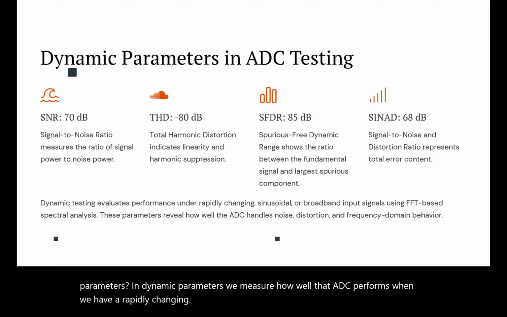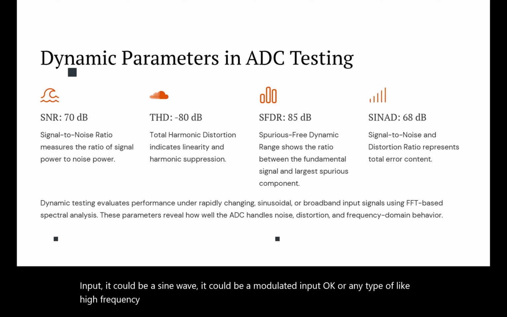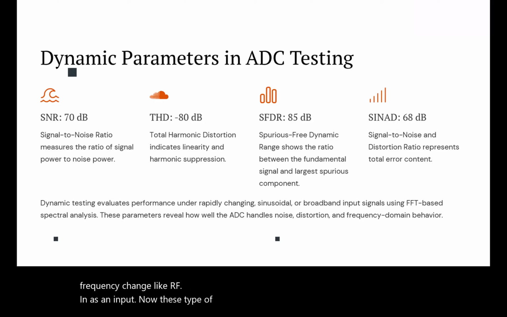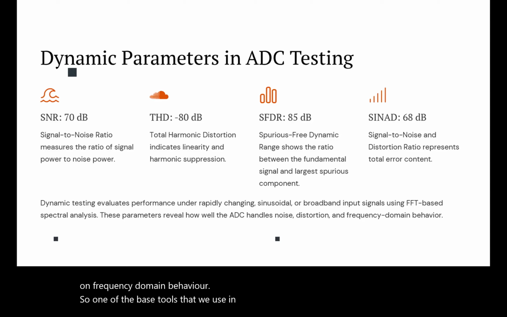It could be a sine wave, it could be a modulated input, or any type of high frequency change, like RF, as an input. These types of parameters in dynamic testing normally focus on frequency domain behavior.